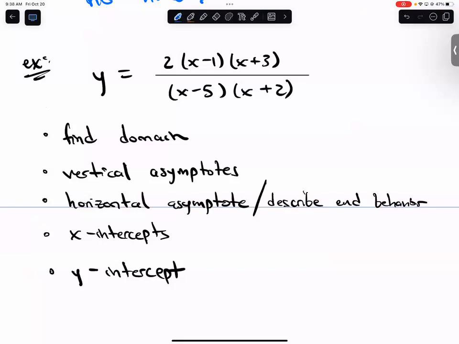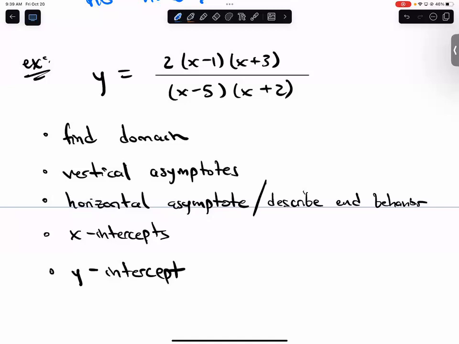Again, we're not going to need to actually be able to find a slant or an oblique asymptote, but just be aware that that's what it's called. Because you'll see some stuff in the homework where there's multiple choice, it'll say there's an oblique asymptote, here it is. And conveniently, none of those problems will you ever need to actually use that answer option, but it's there. And then find the x and y intercepts. You find these the same way you always do. x-intercepts are where y is 0, y-intercept is where x is 0.